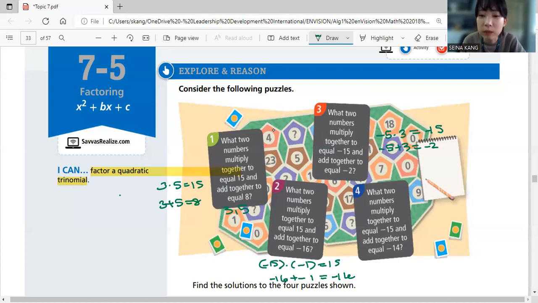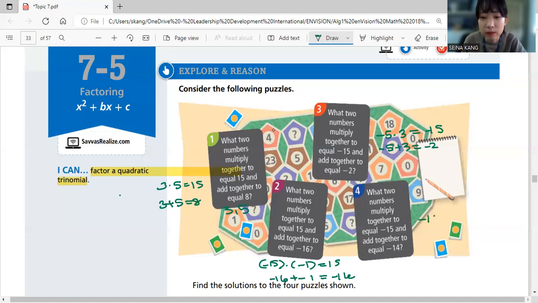Number 4, what two numbers multiply together to equal negative 15 and add together to equal negative 14? So again, we're looking at the factors of 15, but one of them has to be negative. And they add up to negative 14. So we're probably thinking of 15 and 1. And because the sum is negative 14, the greater number, 15, has to be the negative number.